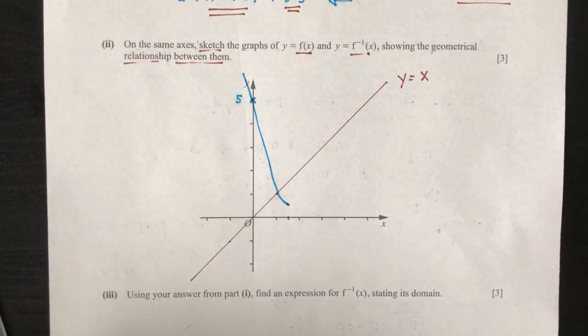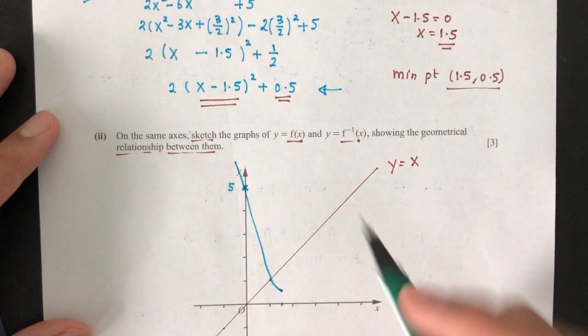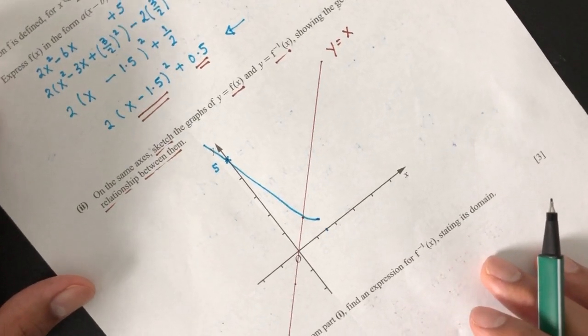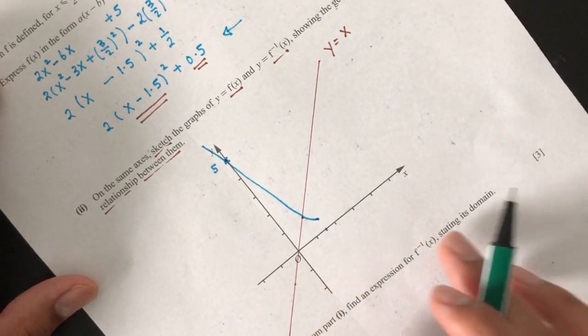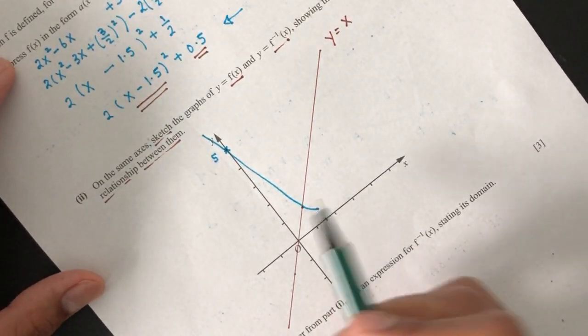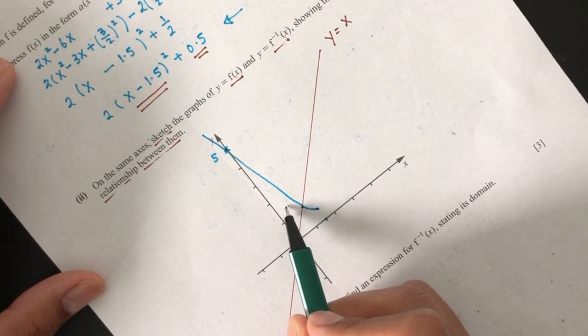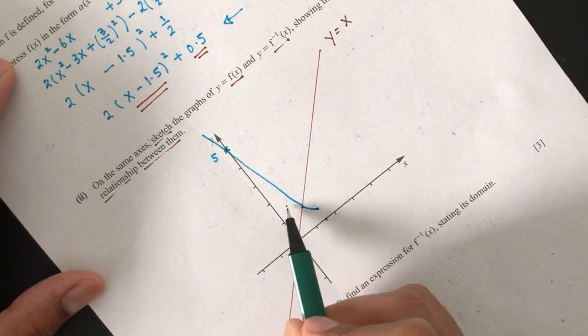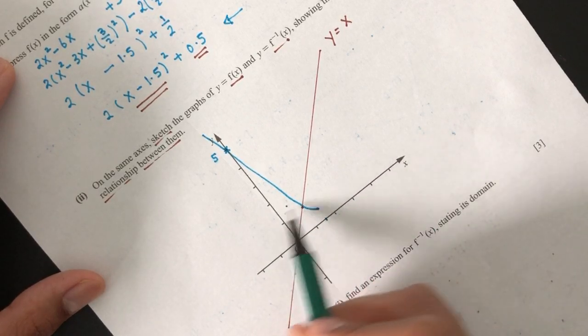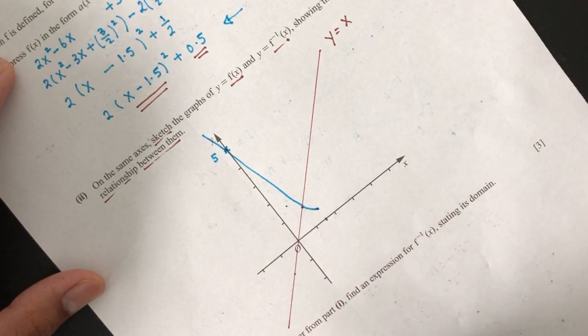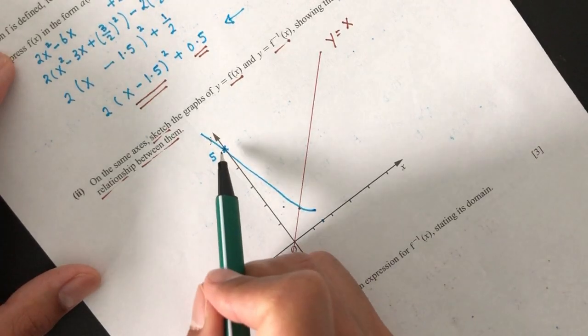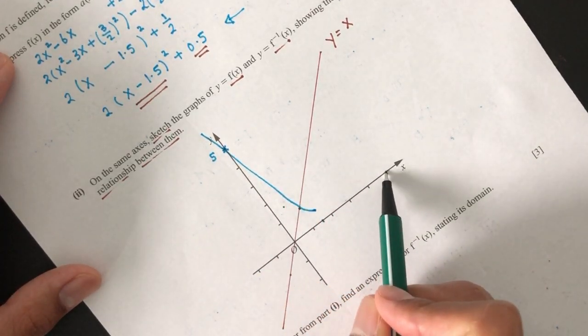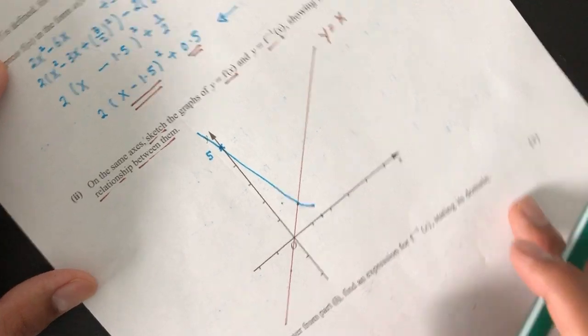Now the next step is, because this is f(x) and f inverse is only a reflection, I have to reflect this way. So this will become about here, has to be going this way, right? So let's see if we can draw this. This will be connecting with this as well, reflection.